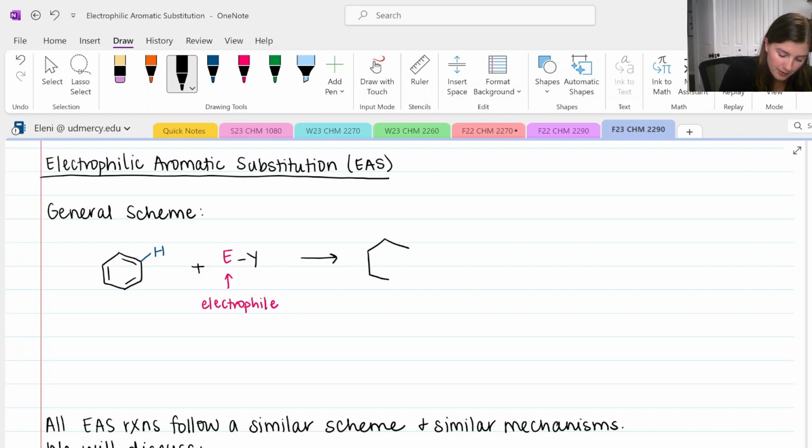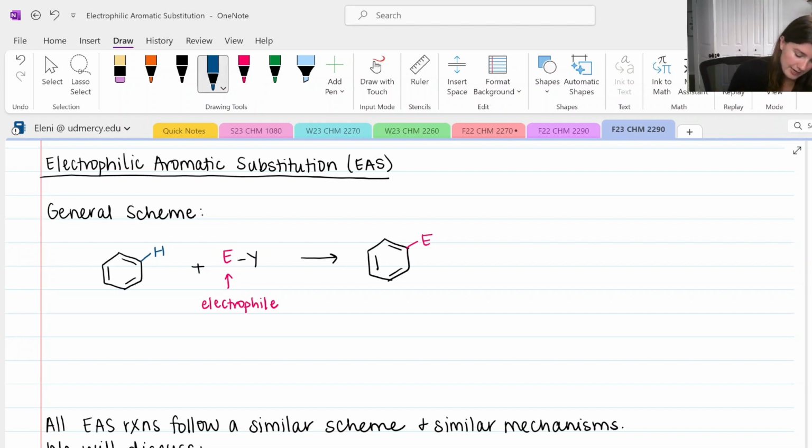So then our product, we have the benzene ring, and instead of a hydrogen bonded to a certain carbon, that electrophile is bonded. And remember, an electrophile is something that really likes electrons. So something that is not electron dense, it's electron deficient, that would be considered an electrophile.